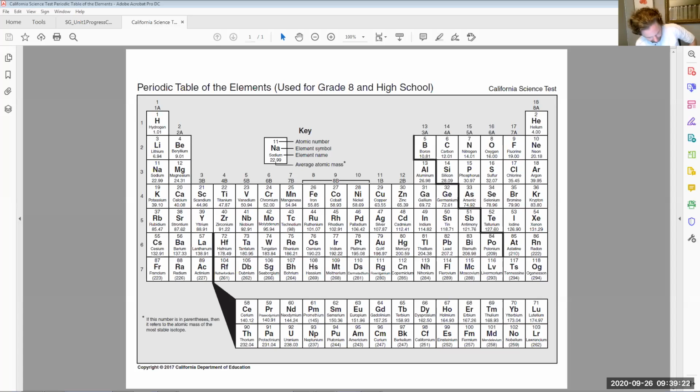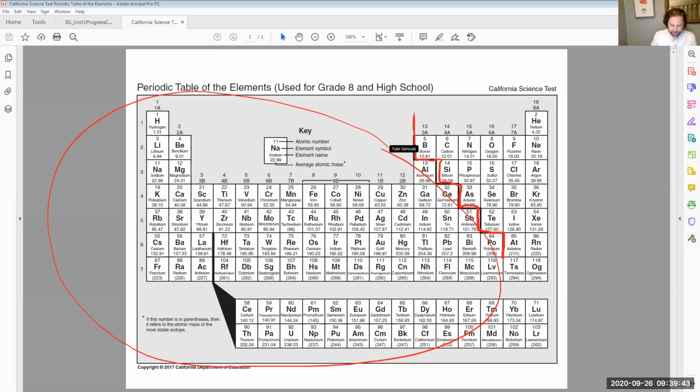So with the periodic table, just to briefly review, this zigzag line that starts here and goes down here, this separates the metals from the nonmetals. So everything on the left of this, except hydrogen, is going to be, so I'll just do a little outline.